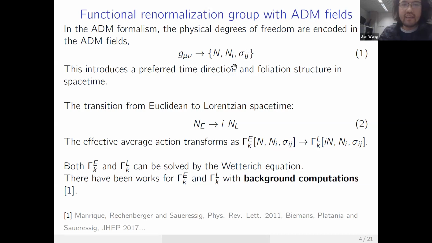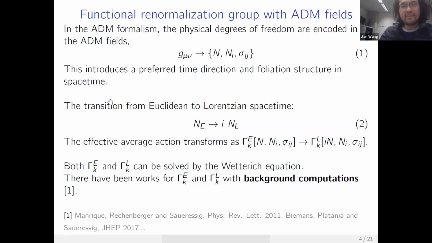This ADM decomposition also introduces a preferred time direction in the spacetime, and this preferred time direction also foliates the spacetime.